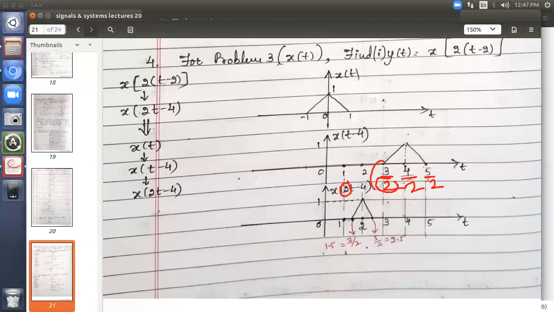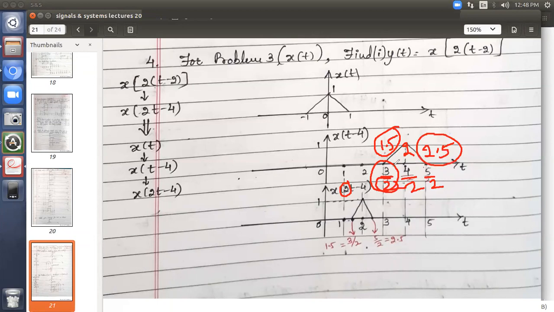So check what is the new range. 3 by 2 is 1.5, right? 4 by 2 is 2. And 5 by 2 is 2.5. So the new range is from 1.5 to 2.5.